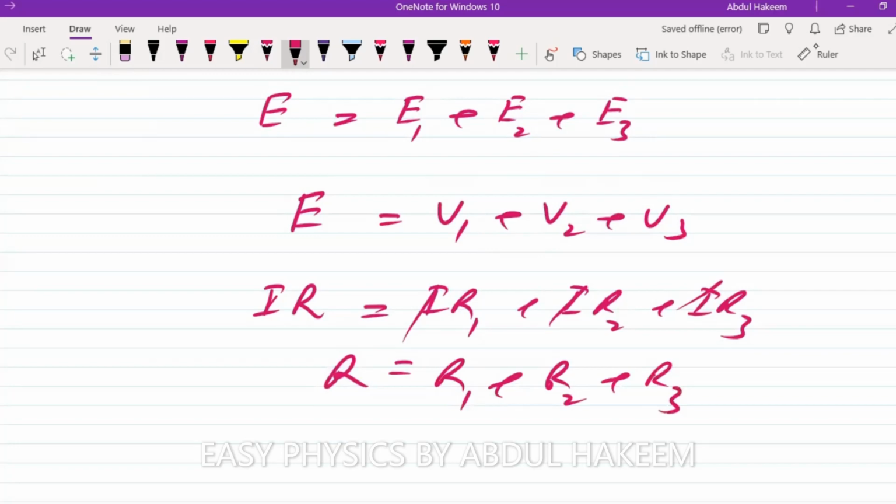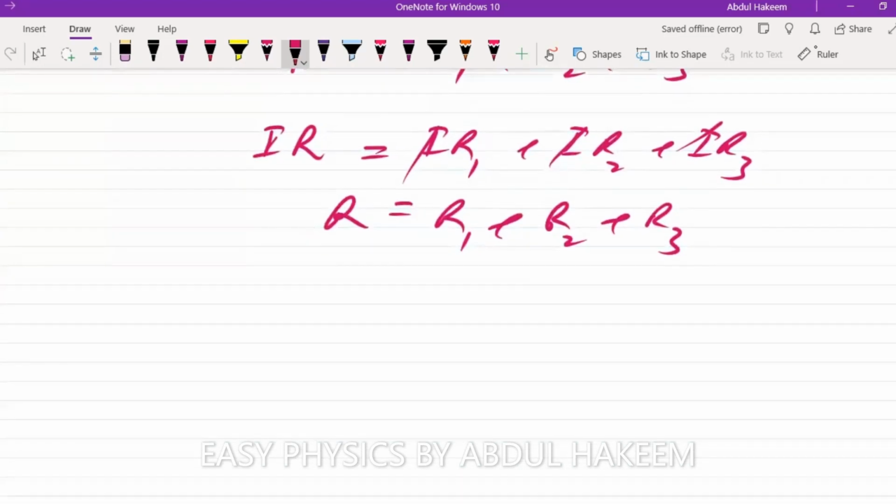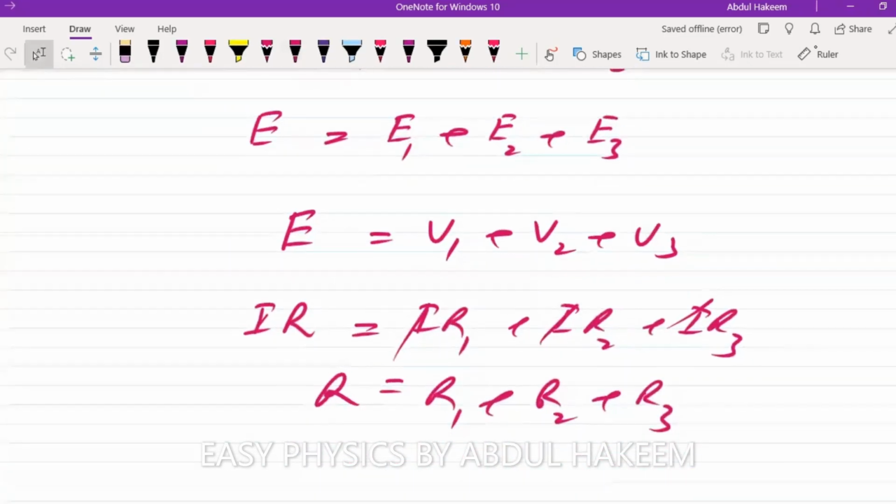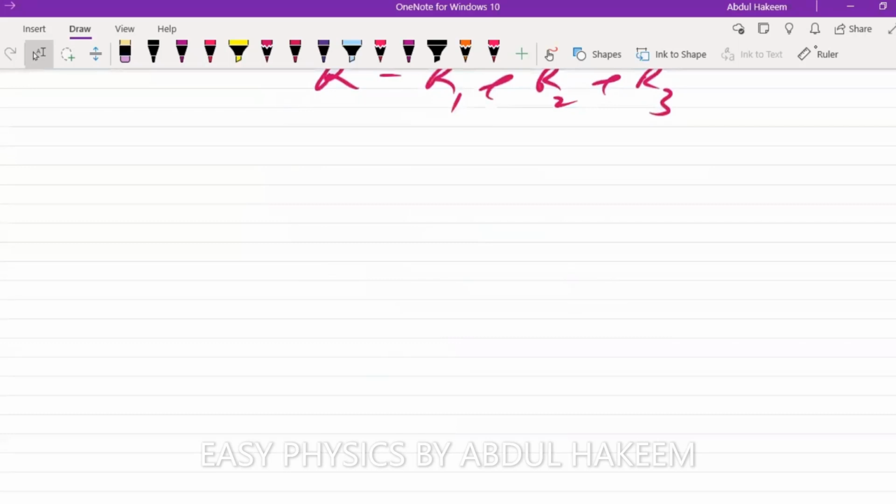So in series, total resistance increases. Due to the resistance increase, the current in the circuit decreases. When the current decreases, loss in the internal resistance decreases, but the potential to the circuit, meaning the terminal potential, increases.